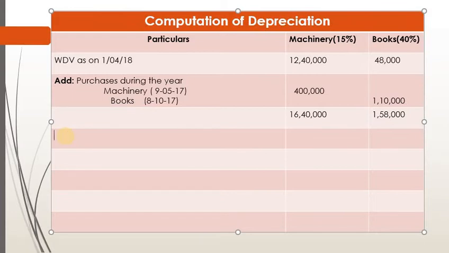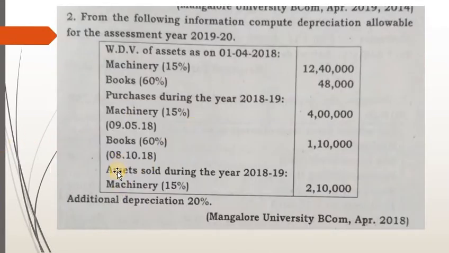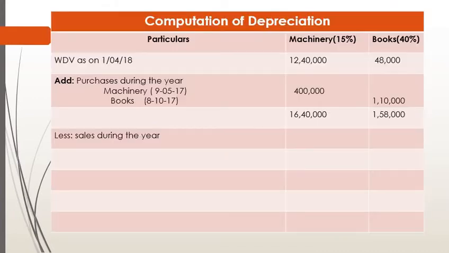Now let us write sales during the year. If there is any sales, we have to minus it. Let's go to the problem. Assets sold during the year 2018 is only one, that is machinery, worth 2,10,000. So let's write that.